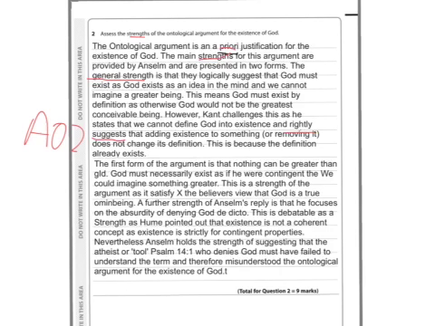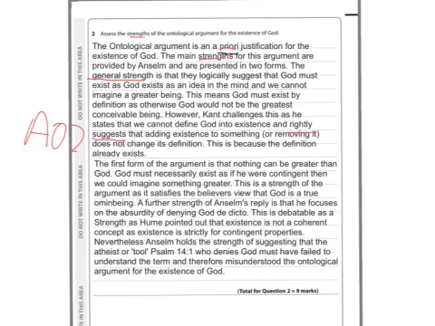Okay, and here's the second paragraph where I've tried to use the material from the exemplars just to construct an answer here that I think would work, but I think I've put in more reasoned judgments because in the exemplar it didn't have too many, and I think that we need to relate to the question more. So the first form of the argument is that nothing greater can be conceived than God.